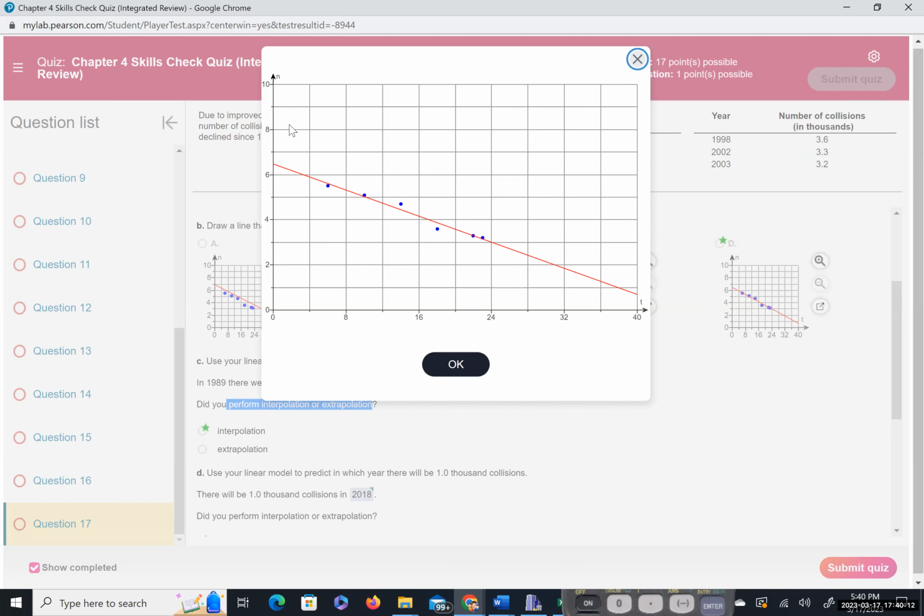So where's one? The collision, the n. One is about here, right? So you move to the graph, and then from that point you coordinate to the axis here. It will be about 30.